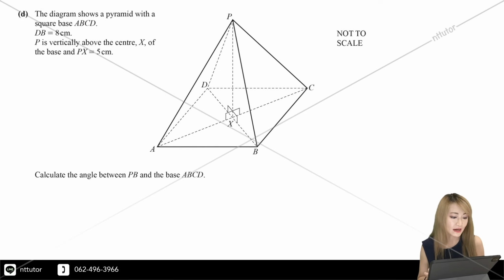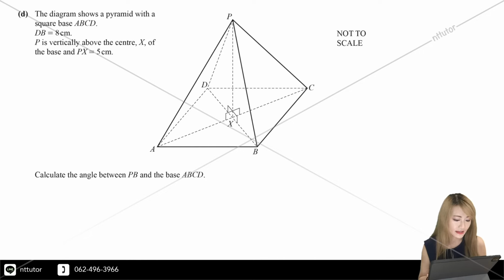D. The diagram shows a pyramid with square base ABCD. DB equals 8 centimeters, P is vertically above the center X of the base, and PX equals 5 centimeters. Calculate the angle between PB and the base ABCD.